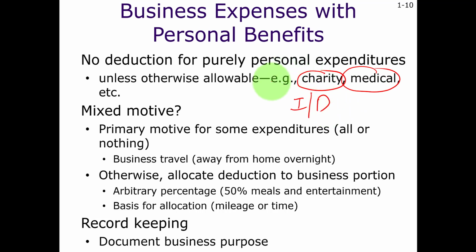If you have costs that has both personal and business, then we may have to do an allocation. The common one is when you go on a business trip. If the primary purpose, that's the key word here, the main purpose of the trip is business, then the airfare, flying to the mainland or neighbor island, if the main purpose is business, then all of that airfare is deductible.